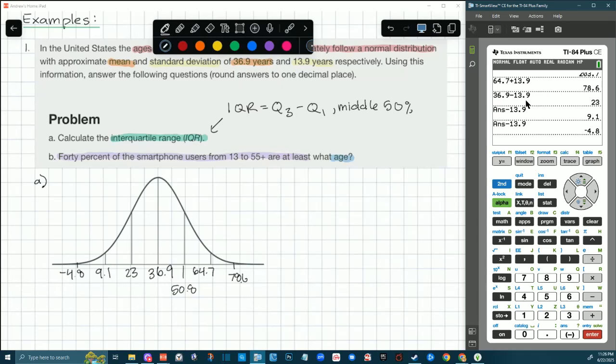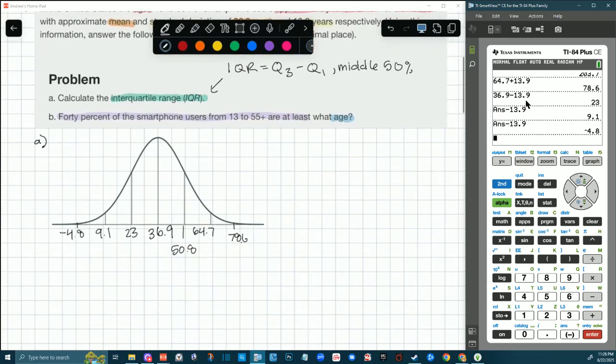I'm looking for two different boundary values. I'm looking for quartile 3, which I'm going to mark in red, and that's the 75% marker. And I know from previous problems that that sits somewhere between the mean and the first standard deviation.